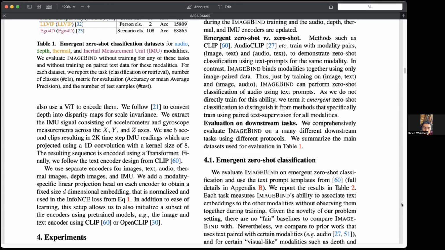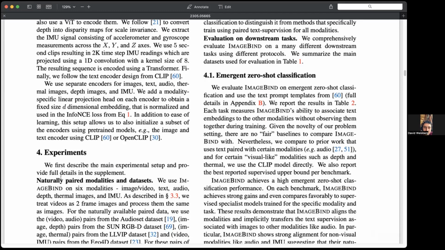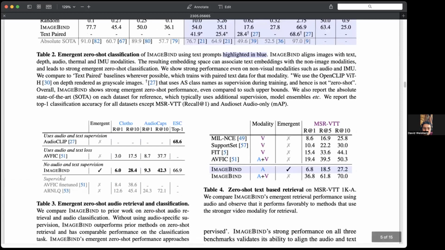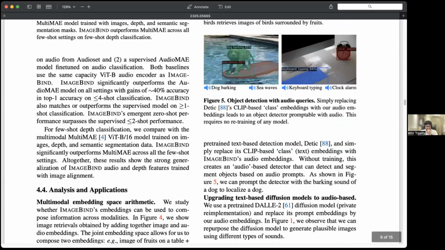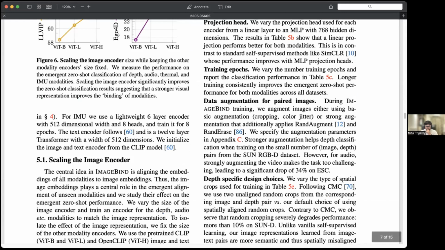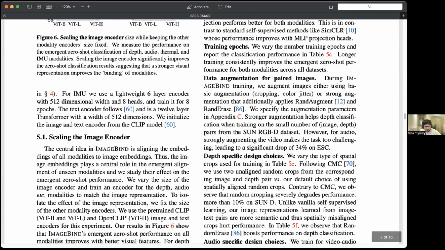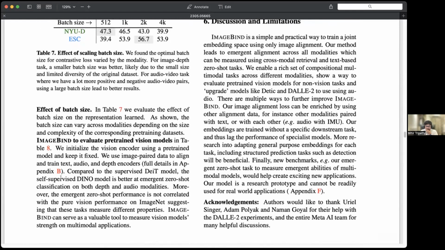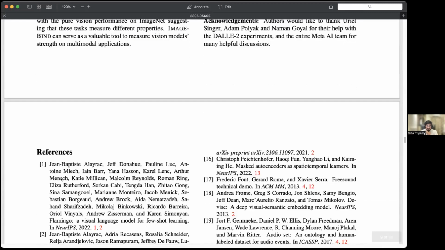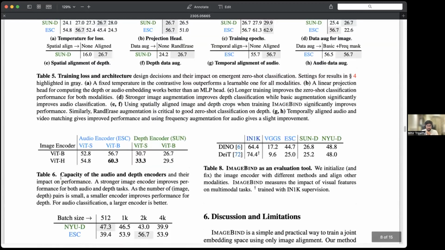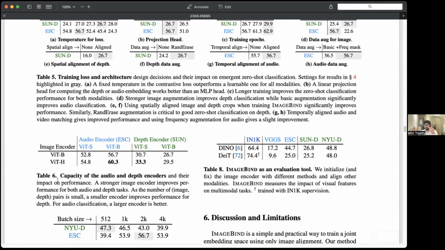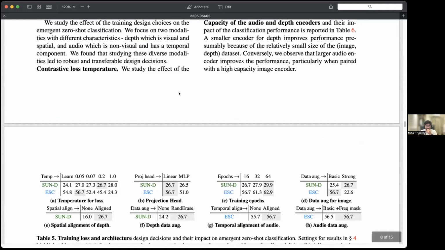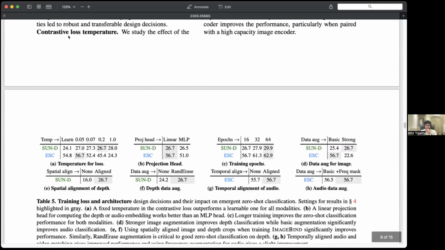I just want to ask, what is the dimensionality of the embedding space? Is it bigger than CLIP or comparable? I don't know, because as far as I've read, they haven't explicitly mentioned what dimensionality they're dealing with. They just mention D to make sure the sizes are the same.